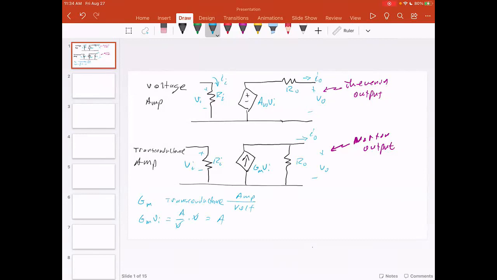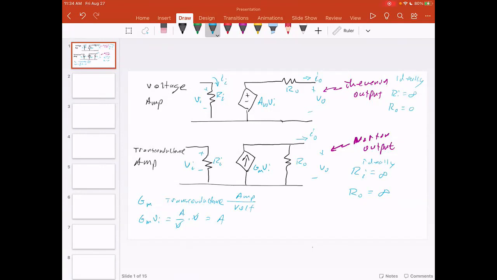Ideally, R_I here equals an open circuit, just as it is here. But in the case of a Norton, ideally we have an open circuit on the R_0, R_out, whereas on the voltage amplifier, ideally we have a short circuit.